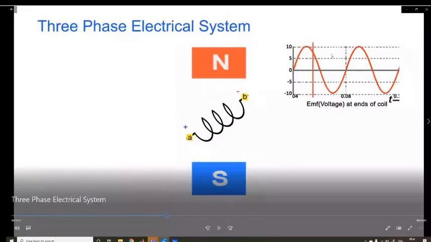Now, please take a look at this diagram shown on the right-hand side. This is the single phase signal as you see here, and this is getting zero. If you take one cycle, it is becoming zero 1, 2, 3 times. In one cycle, it is reaching zero 3 times.